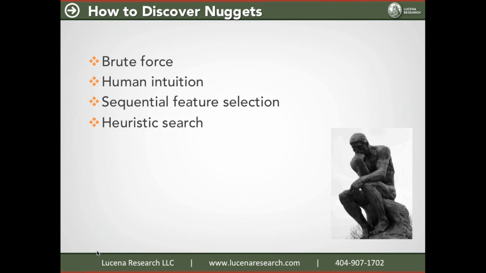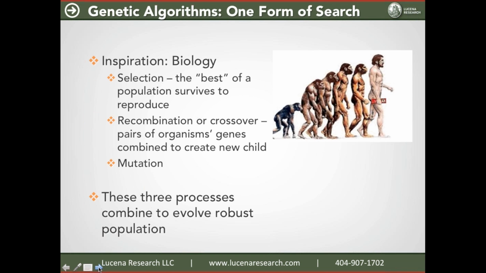There are certainly more methods, but two that come from AI are sequential feature selection, which we have tried at Lucena Research, and heuristic search using genetic algorithms, which we've also discovered works really, really nicely. So that's what I'm going to dig into now.